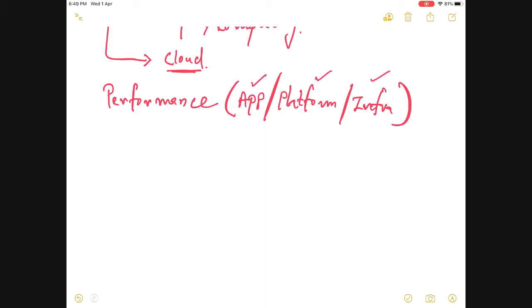Now, for every performance, we have something called a benchmark. What is a benchmark, you ask? A benchmark is nothing but a set standard.